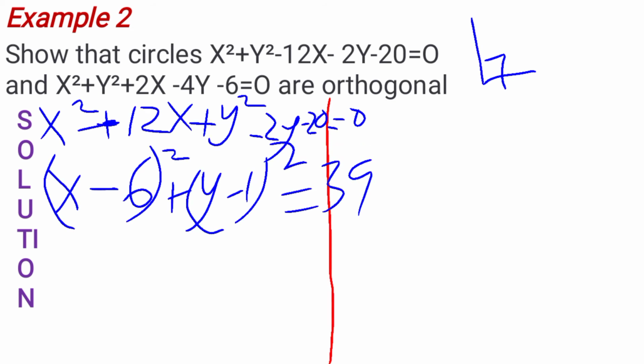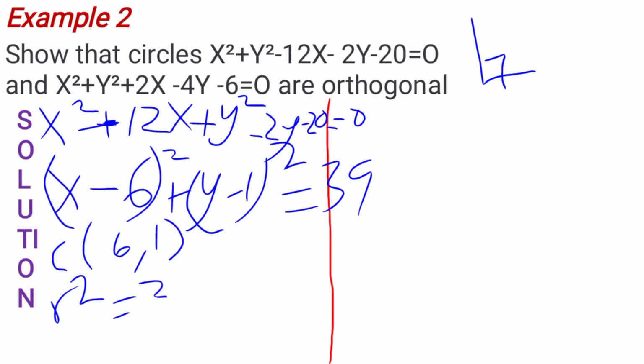I know you know the rules of the completing square method. So that we get the center to be 6, 1, because it is positive since it is followed by negative, and the radius squared is equivalent to 39.